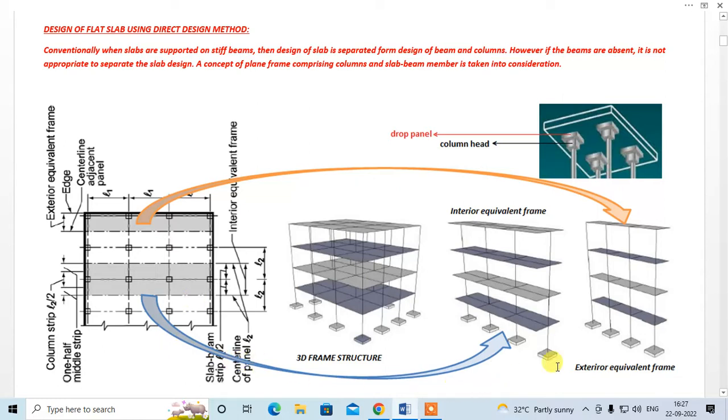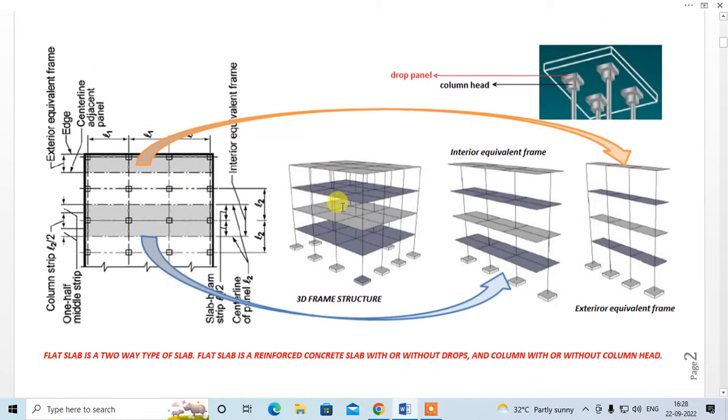So this is interior equivalent frame, and this is exterior equivalent frame, right? And this has to be analyzed for the design of the flat slab. So these are some basic fundamentals in case of flat slab, where we divide into a number of equivalent frames, right? 2D equivalent frames, and do the analysis, and then do the design.